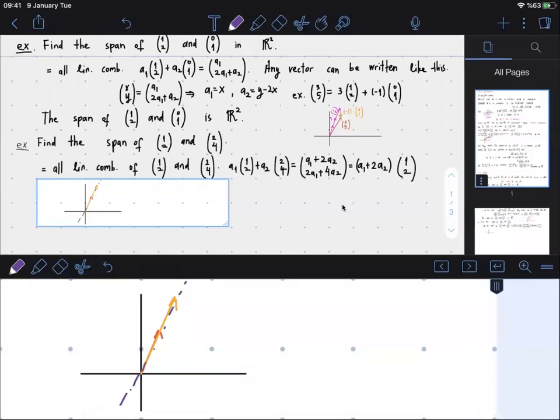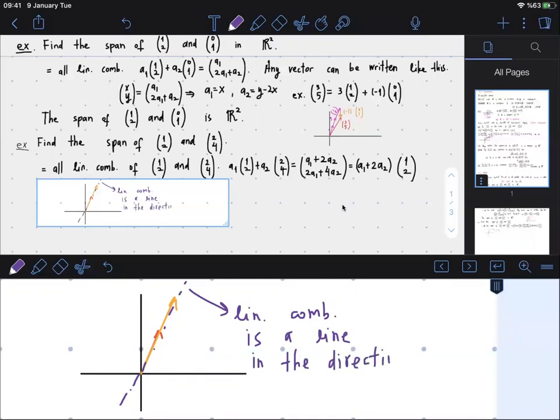It won't go anywhere else. So the linear combination of 1, 2 and 2, 4 is a line in R2, in the direction 1, 2.